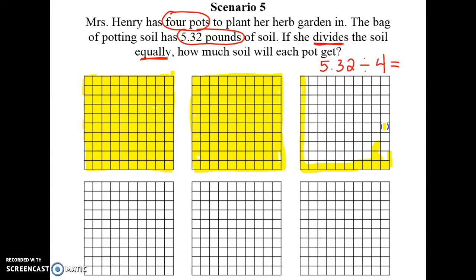And this one's a little bit different just because it doesn't have that basic math fact. I don't know about you, but I can't do 532 divided by 4 in my head. That doesn't really ring a bell with me. So this one's going to take a little bit more work than we've had to do with the past 2.